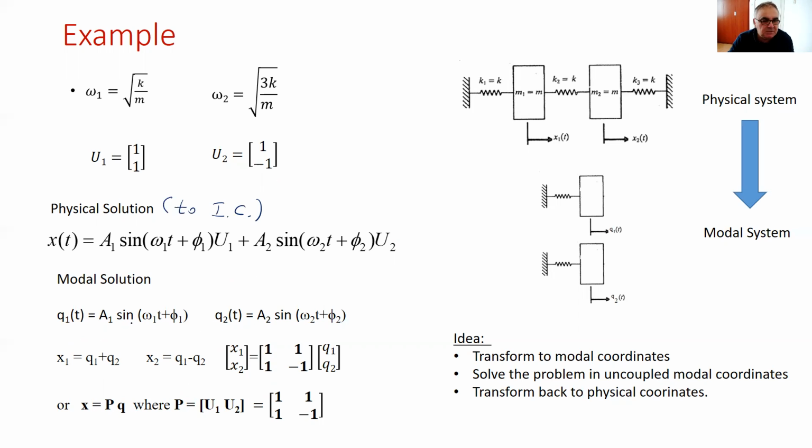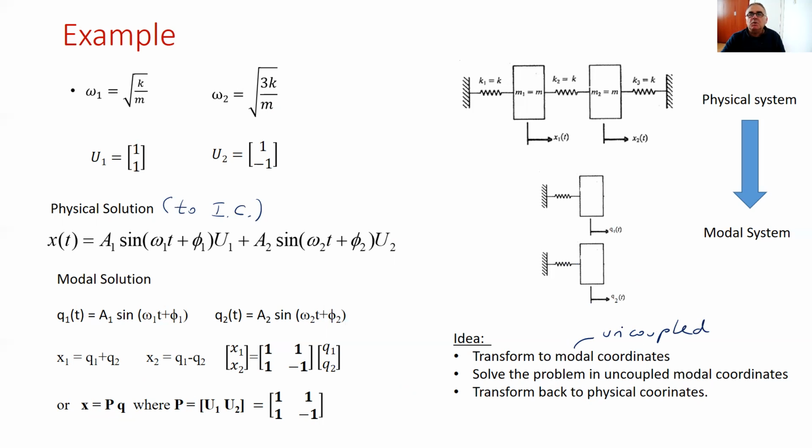So as you see, x1 and x2 can be obtained from the modal equations through the x equals Pq equation, which is a back transformation. So the idea is the following in modal analysis. You have to transform to modal coordinates in which the system is uncoupled. Modal coordinates are uncoupled, and uncoupled equations are easy to solve.